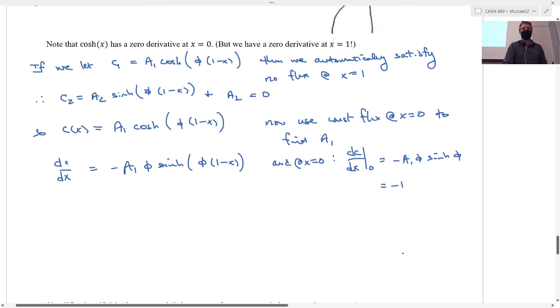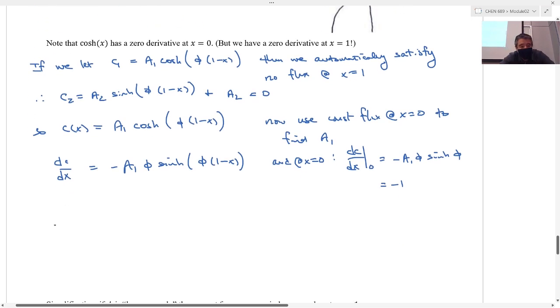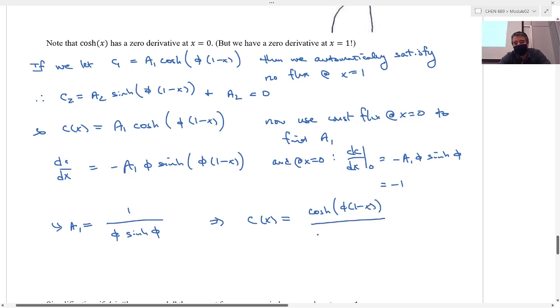So that's how we find A1. So A1, finally, equals 1 over phi times hyperbolic sine of phi, which finally gives us our final answer. Our concentration c of x is equal to hyperbolic cosine of phi times (1 minus x) over phi times hyperbolic sine of phi.